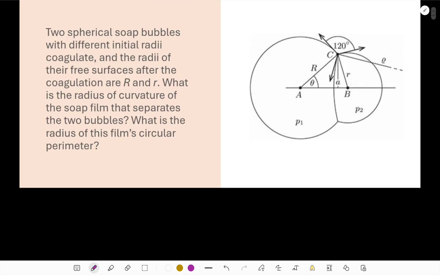We all know that the pressure inside this bubble is P1 and the outside pressure is atmospheric pressure.